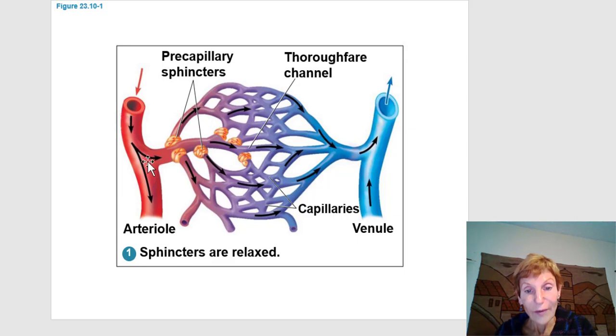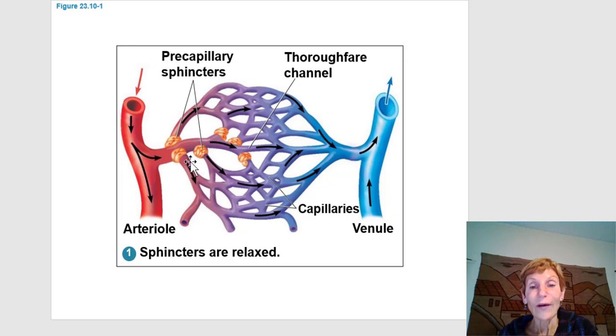Okay, so blood is coming through here and everything's open. Now, if you wanted to slow down blood here, you can slow it down by vasoconstricting. But if you want to slow it down even more and not let it go through these capillaries and let it go straight through to the venule, then you can clamp down on these precapillary sphincters as well.